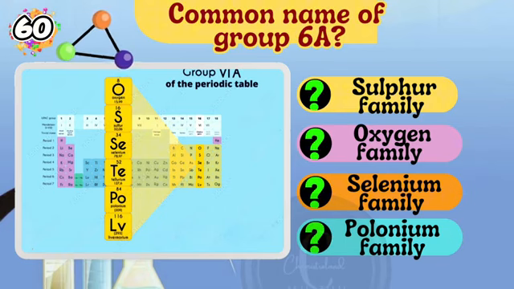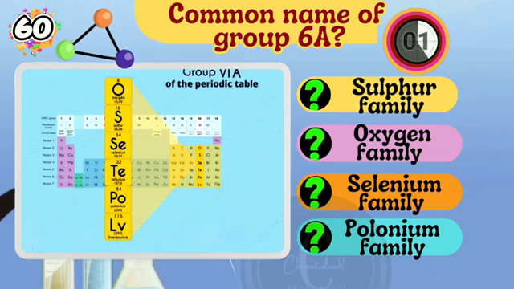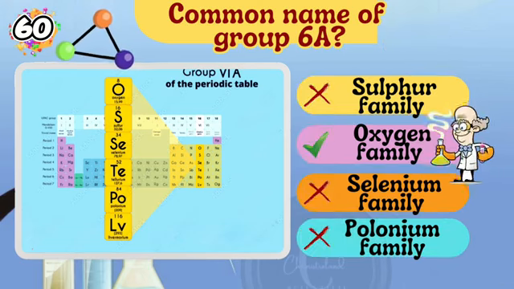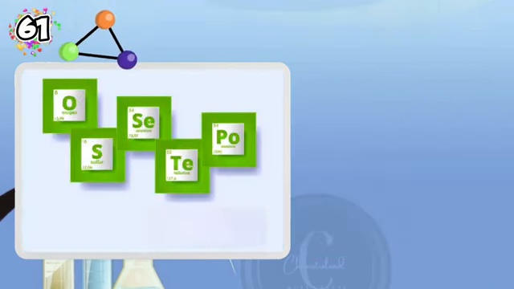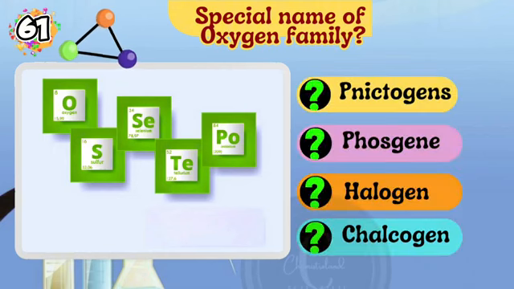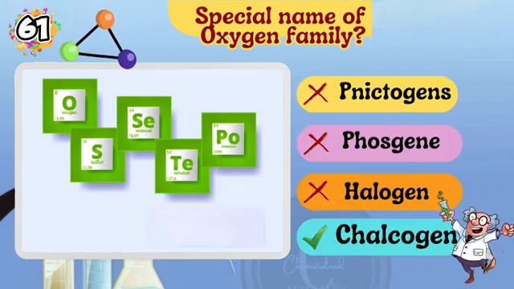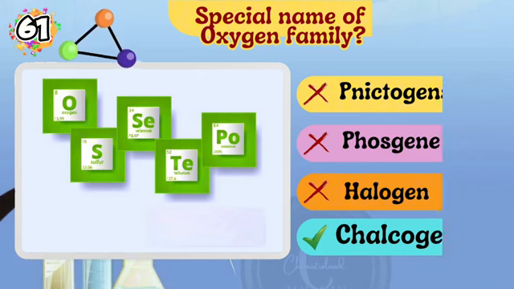Common name of group 6A is? Oxygen family. What is the special name of oxygen family? Chalcogen is another name of oxygen family.